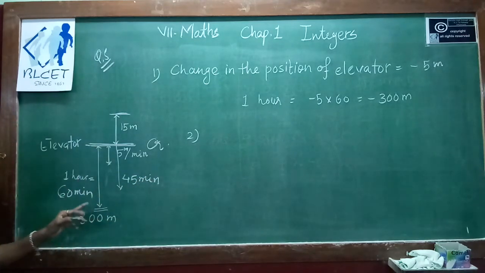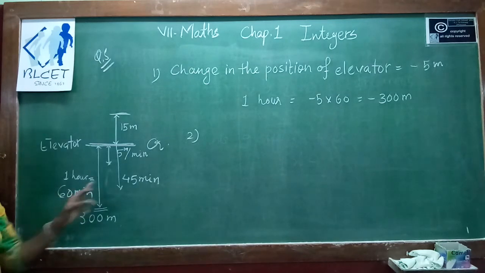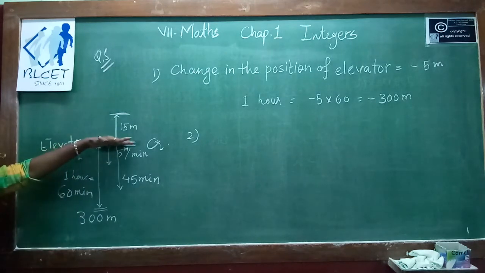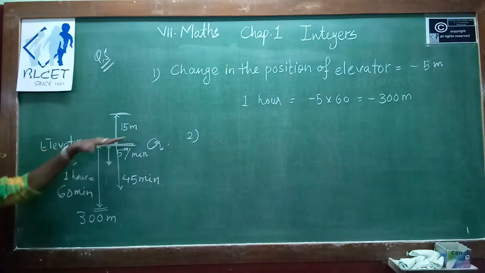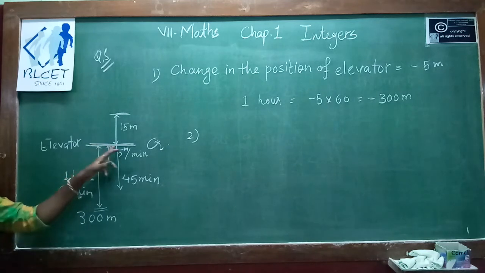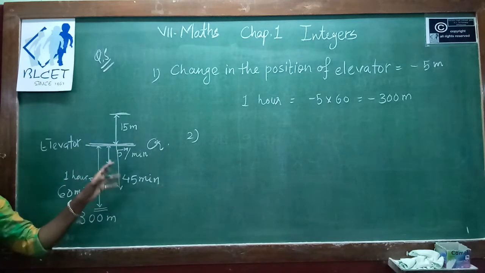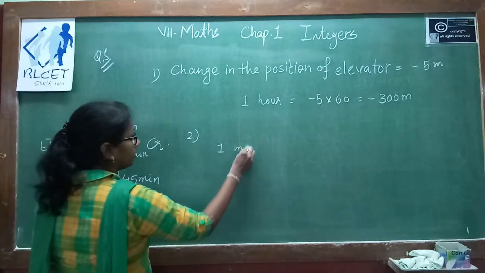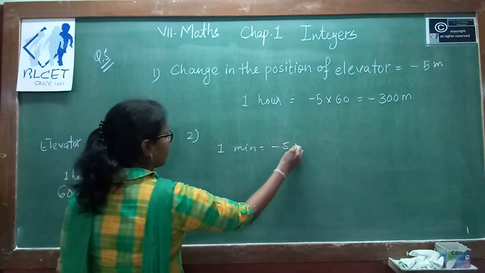So what we will do? We will find how much it can cover in 45 minutes. Suppose your elevator is over here, then within 45 minutes, how much distance can it cover? In 1 minute, it can cover -5 meter.